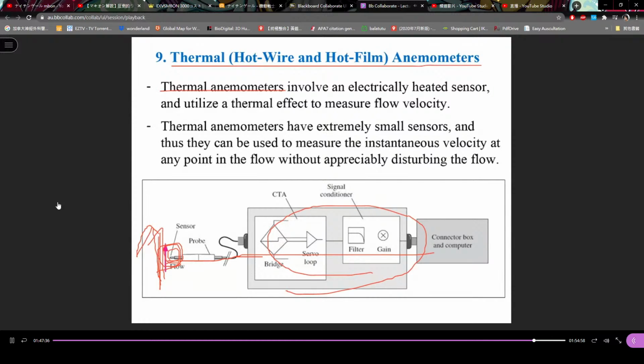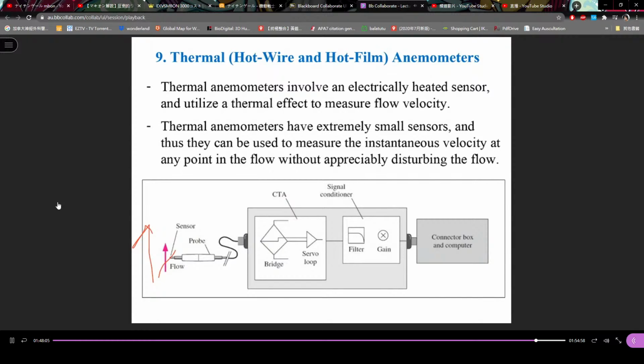It involves an electrically heated sensor. So this sensor is heated and utilizes a thermal effect to measure flow velocity. It means higher velocity gives a higher cooling rate of the heated sensor, and you can measure the change of the voltage or resistance.